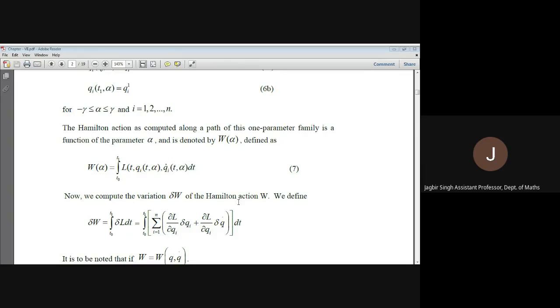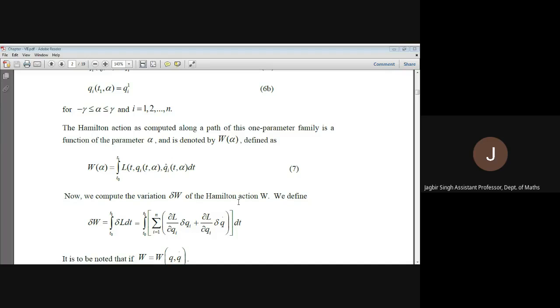Although there are two variables present, t and alpha, we integrate with respect to t and then replace t with the upper limit and lower limit. So t is replaced by scalar terms, and there will be no t. The remaining term will be a function of alpha only, and that's why we wrote W(alpha) equal to the integration from t0 to t1 of L(t, qi(t, alpha), qi dot(t, alpha)) dt. And now let's find the variation.